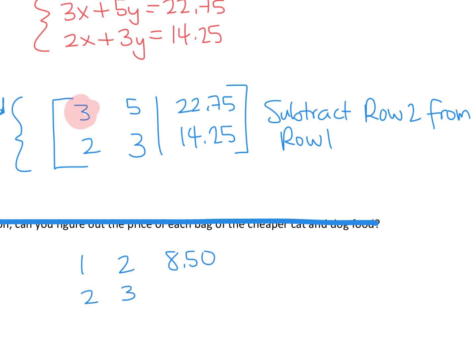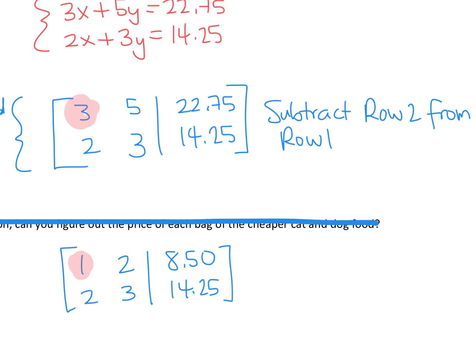I didn't do anything to my second row with that row operation. Okay, so this is really good right here. Do you see this? Upper left, I want a 1 there.